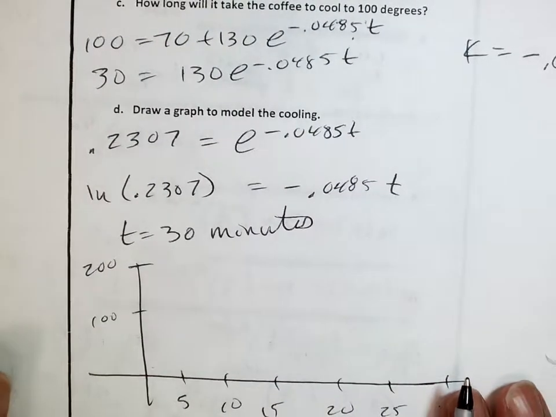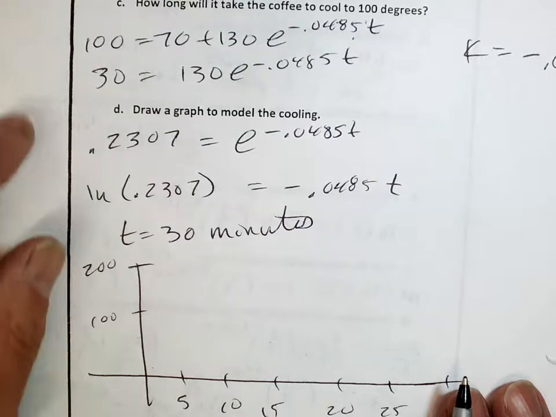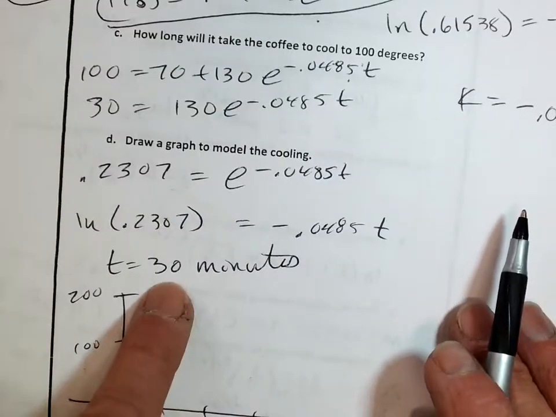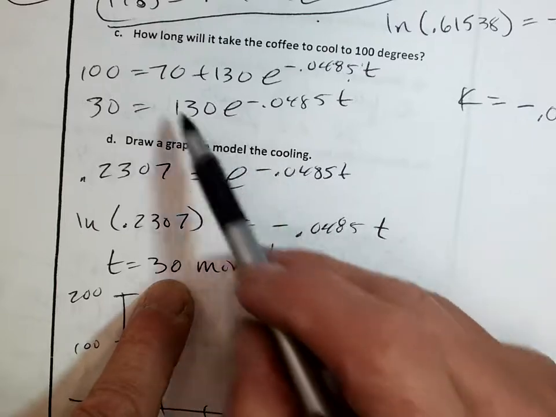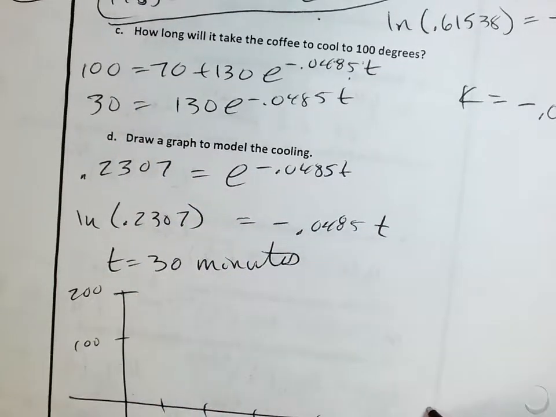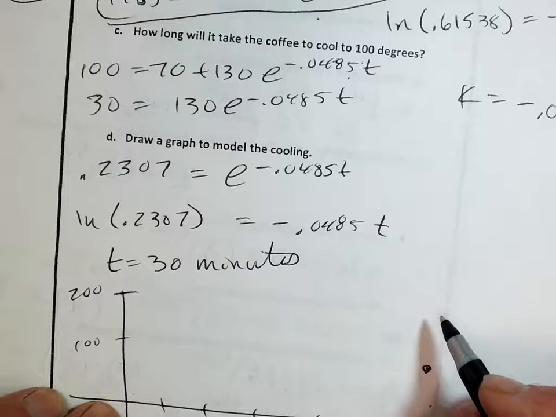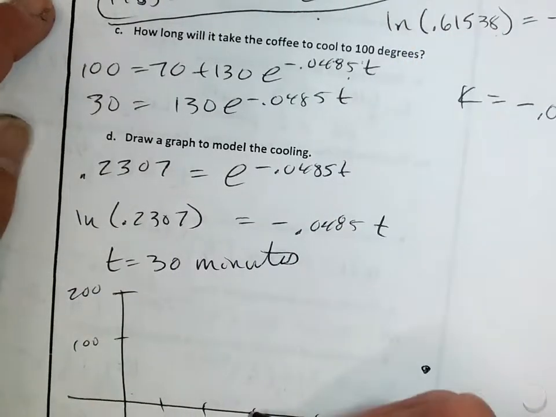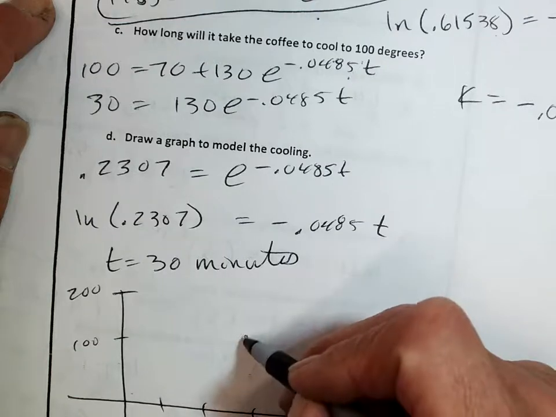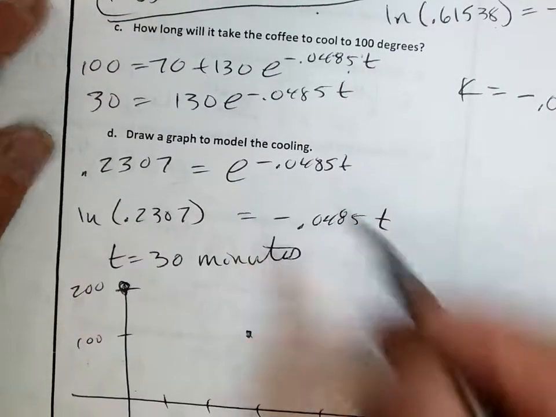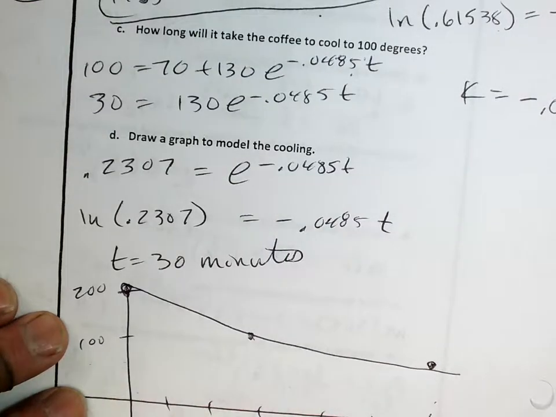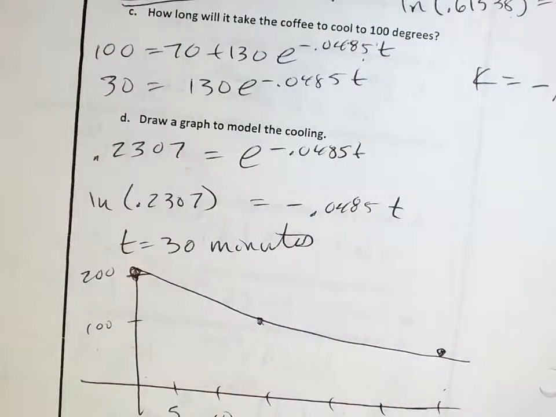I know that at 30 minutes the temperature was 100. At 15 minutes, the temperature was 132, about there. It comes out of the microwave at 200. The graph looks something like that. I'll do that one again tomorrow, I promise, okay?